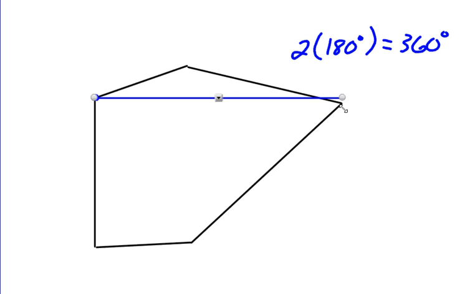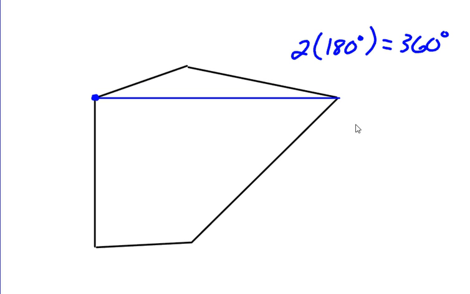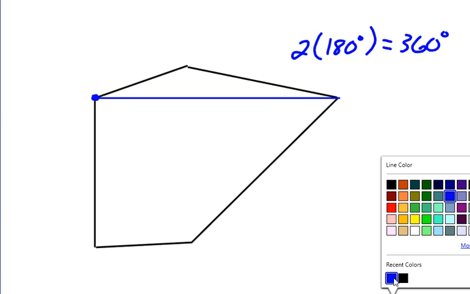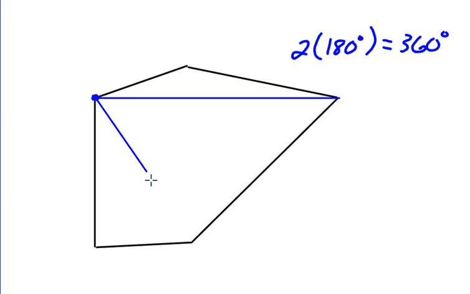I can't get it to stop snapping, so I'll just adjust it a little bit. All right, so I've got that diagonal. Now I'm going to have this diagonal down to this vertex.